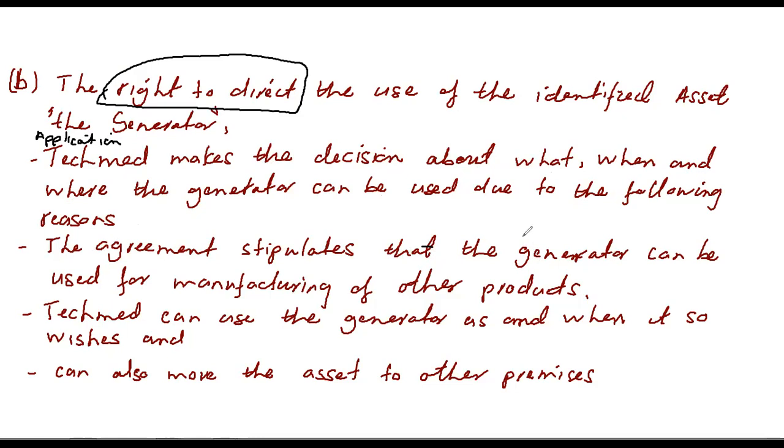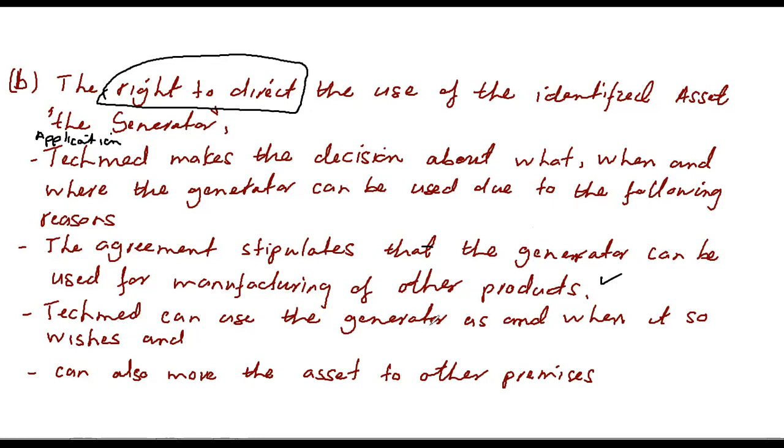So if you think of a business opportunity that might arise in the future, you can still use the generator for other products, which might take more time to manufacture, but the contract allows you. So that is a way of telling you that you as the customer can direct the right of use. All right, so there is a mark for applying that.